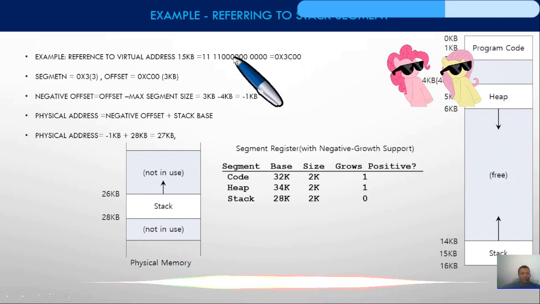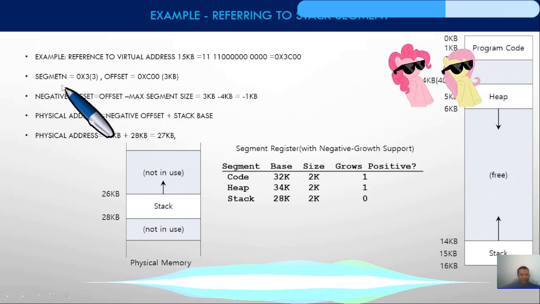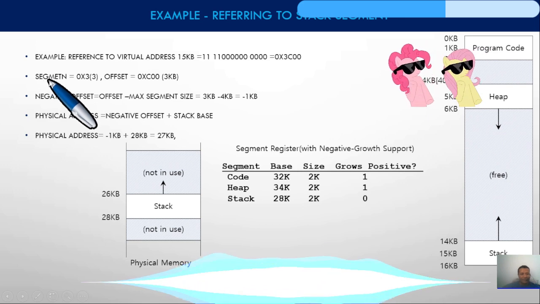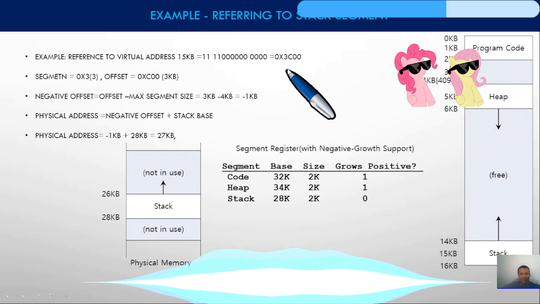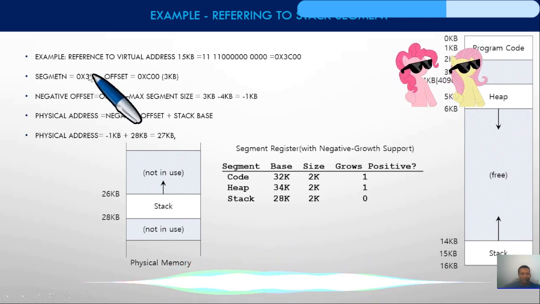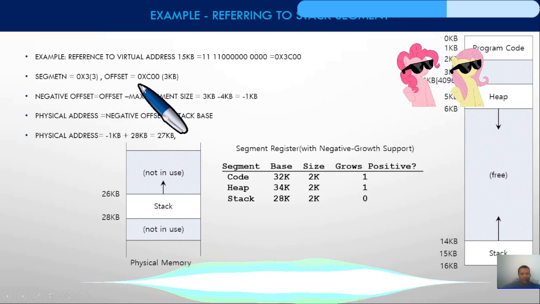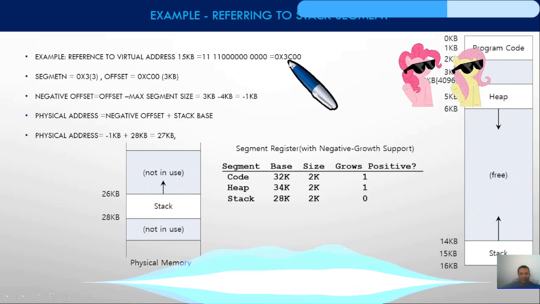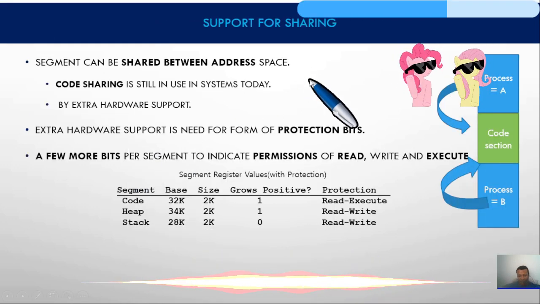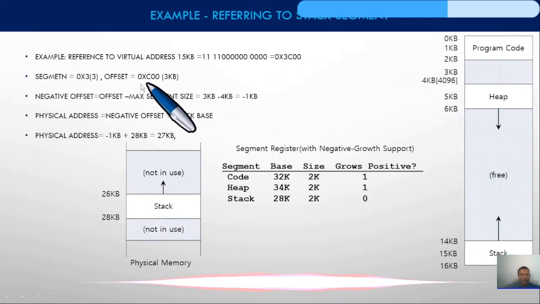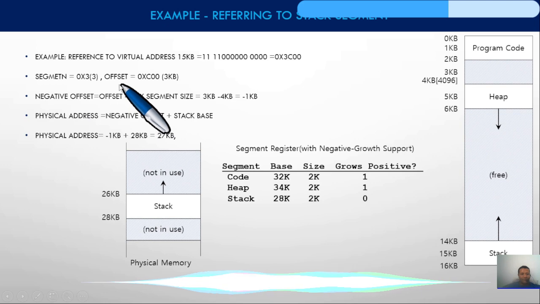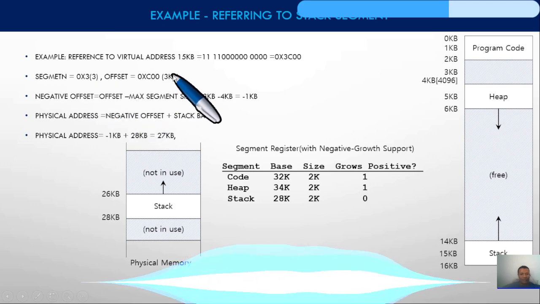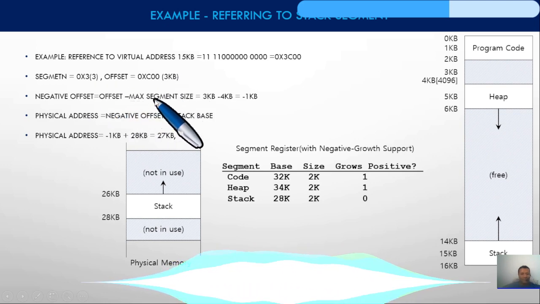and the hexadecimal representation will be 0x3c00. The first part is the segment. The segment will be 0x3, and the offset will be 0xc00. So this will be 3 kilobytes. Negative offset means the offset we get is 3 kilobytes minus the maximum segment size.